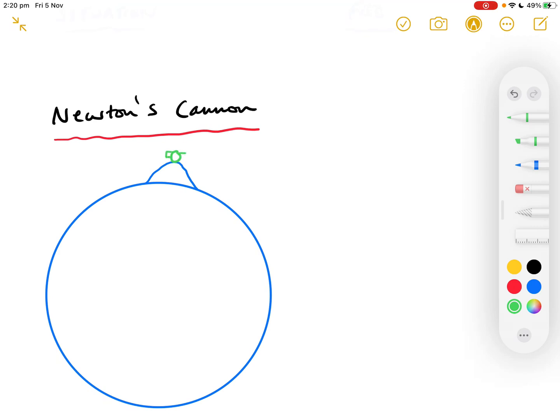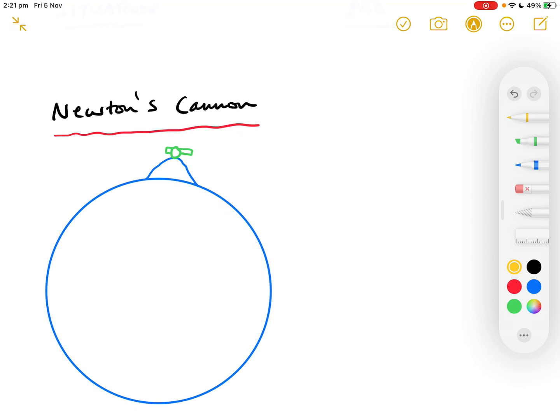And at the top of that mountain, he imagined a cannon, which fired a cannonball. Now, he imagined then that the cannonball was launched parallel to the Earth's surface, so horizontal if you like. And he imagined that if it came out quite slowly, it would follow a path something like that.